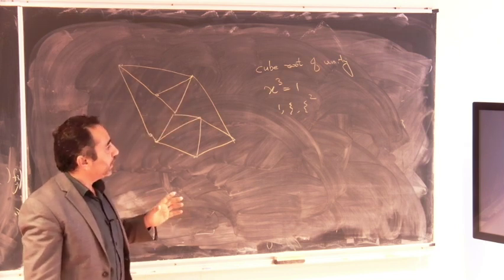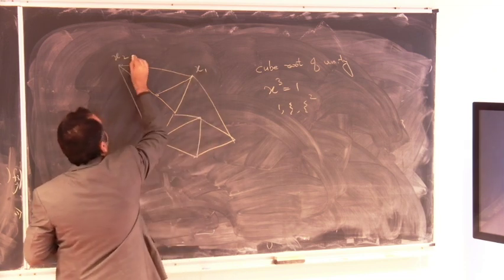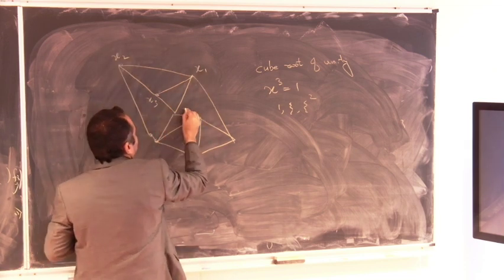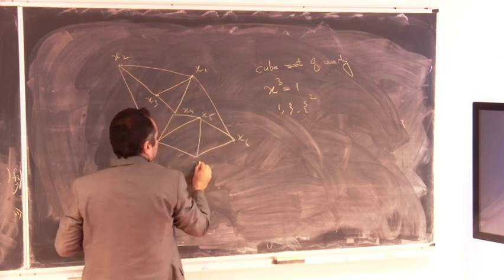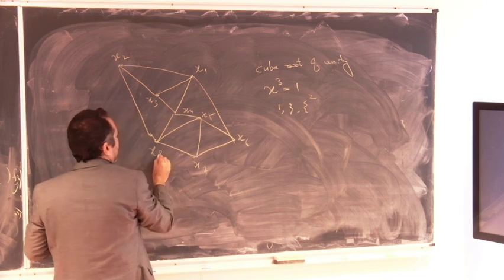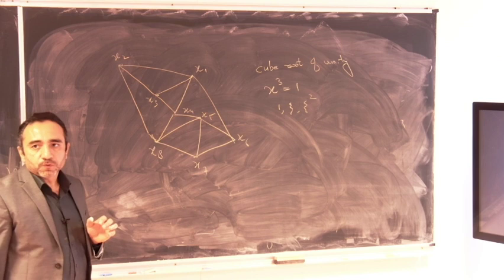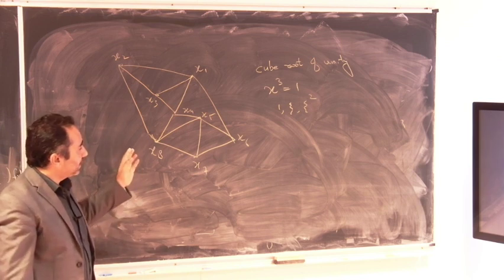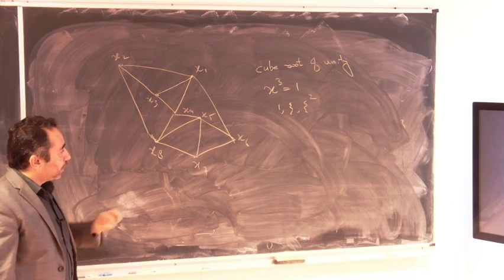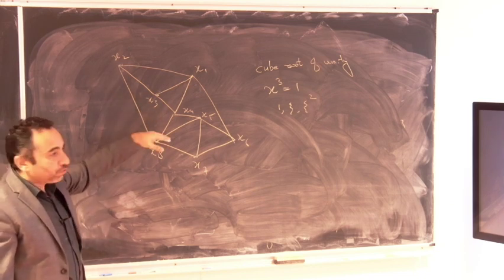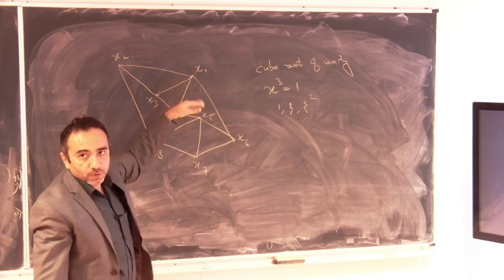So suppose we have its vertices, say x1, x2, x3, x4, x5, x6, x7, x8. We have 8 vertices. So we assign a variable xi to each vertex. Now we need to assign a color out of 1, xi and xi squared to any of the vertices there.